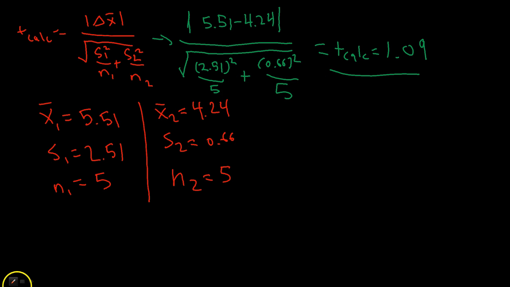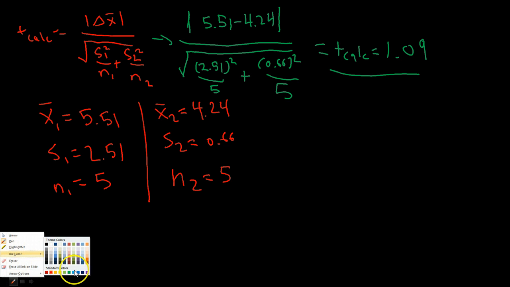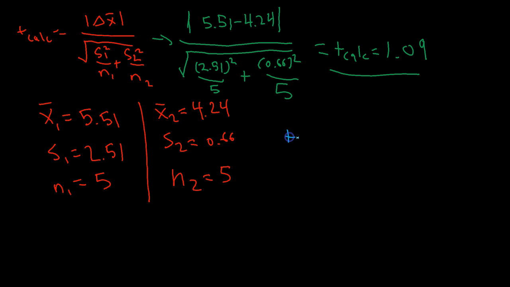So this is our t-calc, right? T-calc equals 1.09. T-critical is around 3, but somewhere between 2.7 and 3.3. You notice it doesn't matter even if it's 2.7. Either way, no matter what, t-calc is going to be less than t-critical.